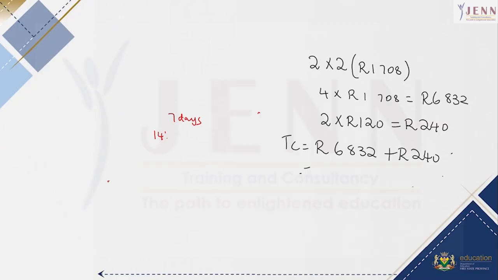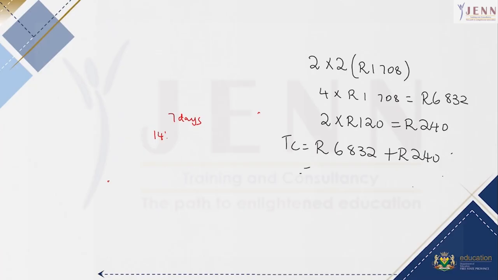So the tickets give us 6,832. Now again, for the shuttle, remember they are saying a 40-minute shuttle at a cost of 120 per trip. So obviously they're going to need it from OR Tambo to their destination in Pretoria and back. So this 2 means return trip, to and fro. So it's going to be 2 multiplied by 120. So for the shuttle, they need 240.